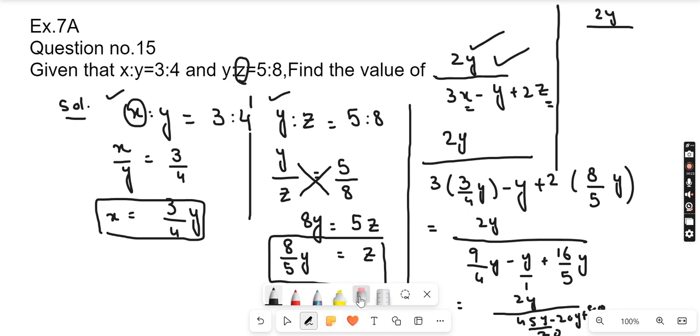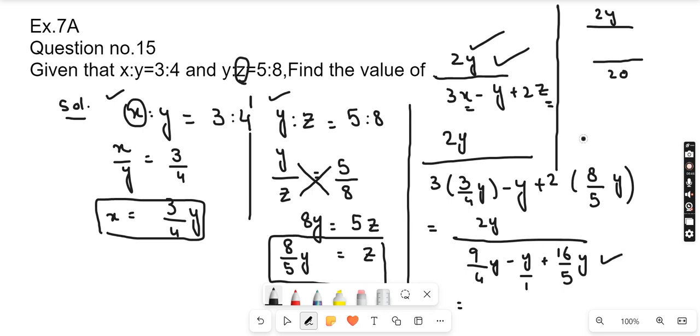I'll be writing this over here, because the space is too congested. You'll take the LCM of 5 and 4 and you come up with 20 here. 4 times 5 is 20, so make the denominator the same.